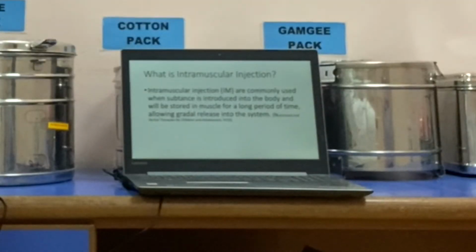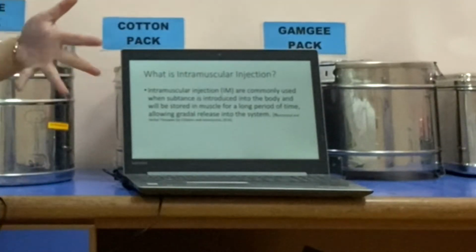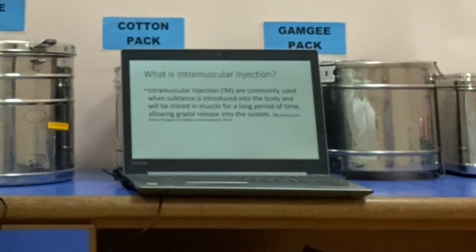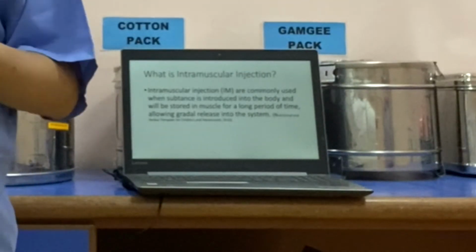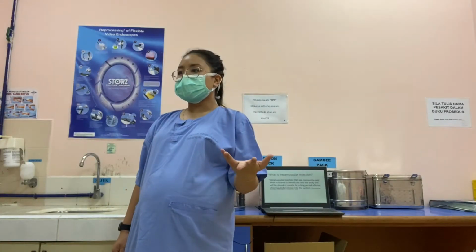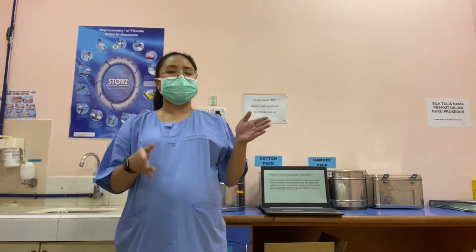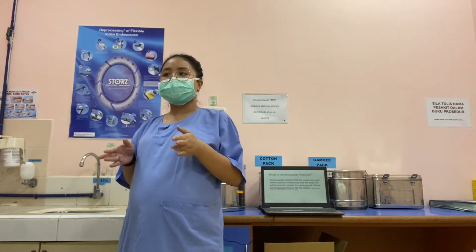Intramuscular injections are commonly used when a substance is introduced into the body and will be stored in a muscle for a long period of time, allowing rapid release into the system. Basically, it is needed for medication that is for intramuscular use only.